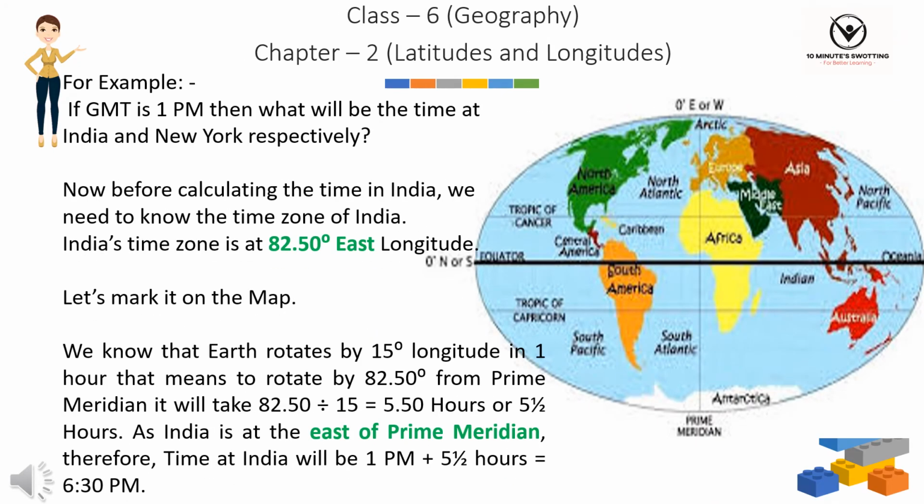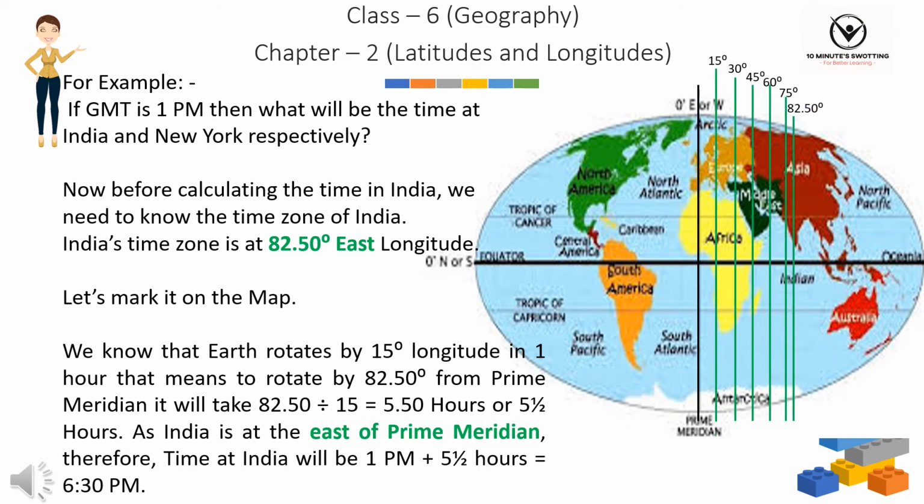For example, if GMT is 1 p.m., then what will be the time at India and New York respectively? Now, before calculating the time in India, we need to know the time zone of India. India's time zone is at 82.50 degrees east longitude. Let's mark it on the map. We know that Earth rotates by 15 degrees longitude in 1 hour.